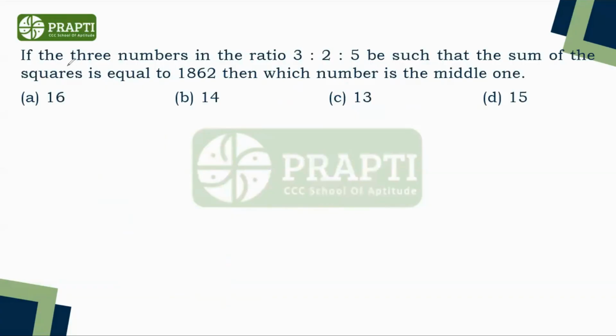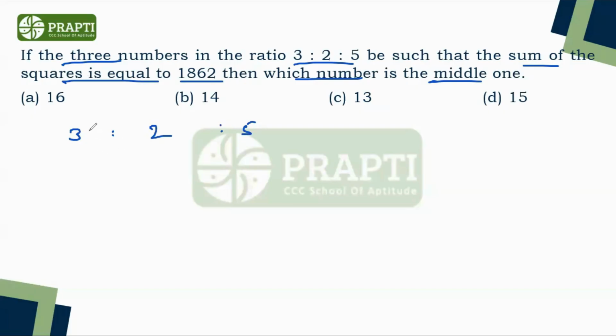You just see, if there are three numbers in the ratio 3:2:5, such that the sum of the squares is equal to 1862, then which number is the middle one? So just see here, three numbers are there, 3, 2, and 5. Okay.